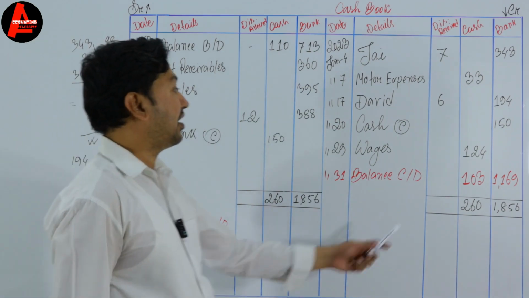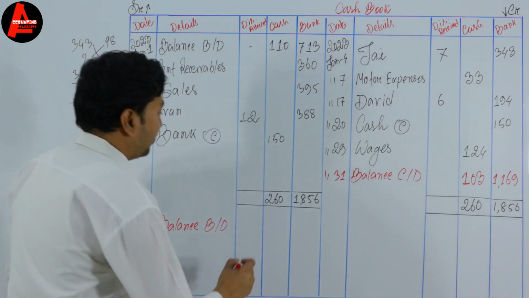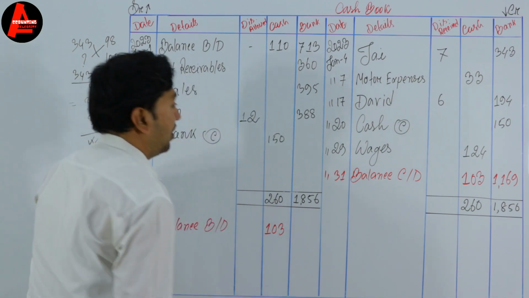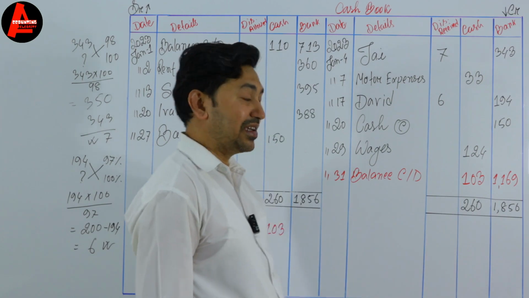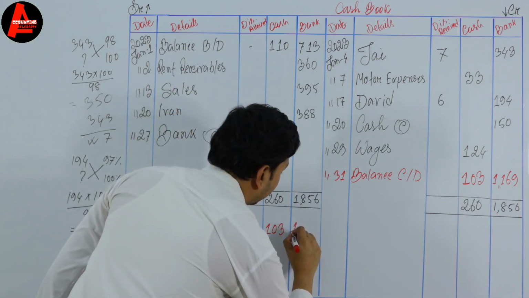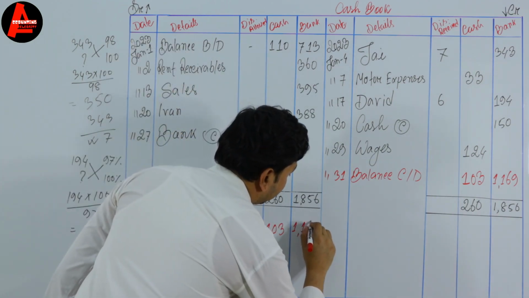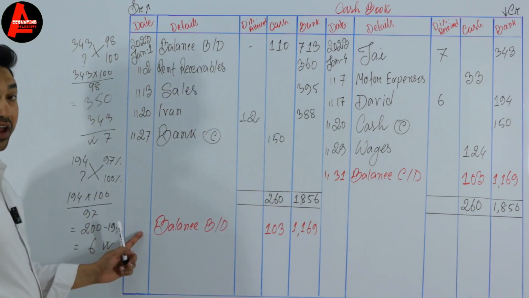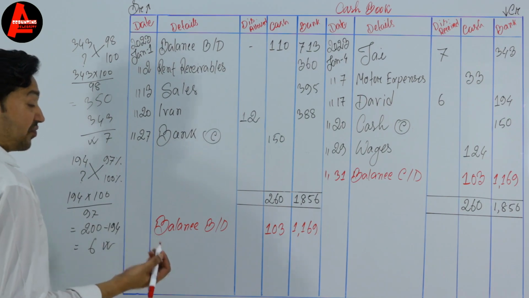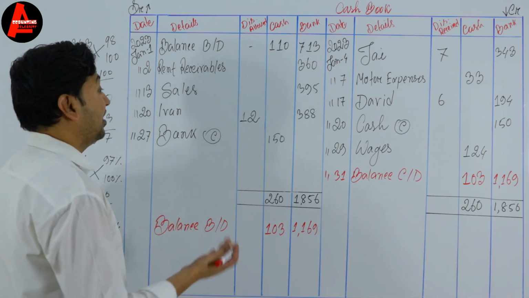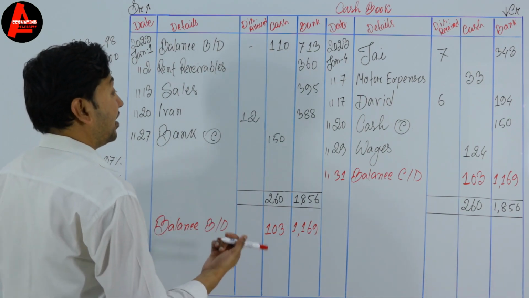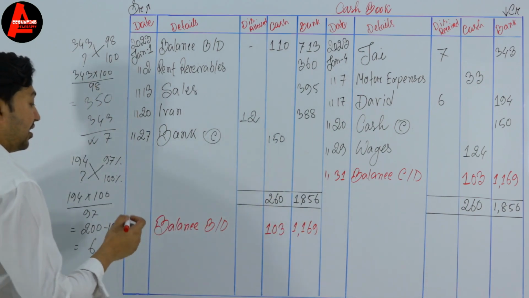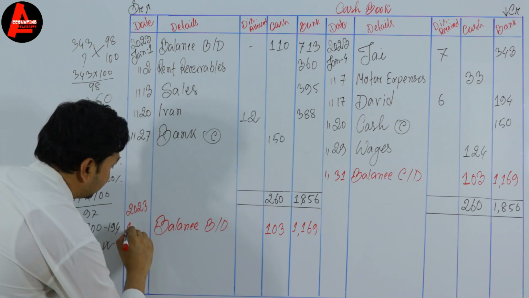On the cash column we will write $103, and on the bank column $1,169. For the date we will write the first day of the next month. The month ends on 31st January, and the new month starts on 1st February.